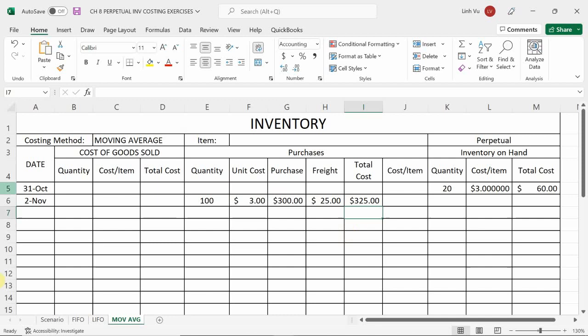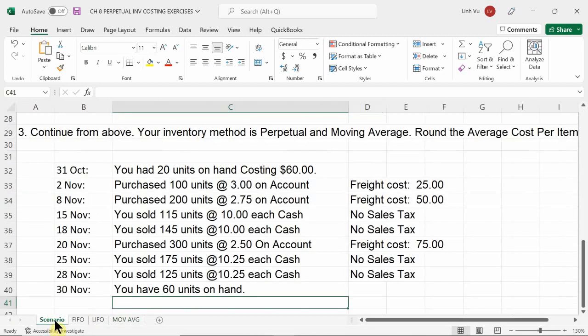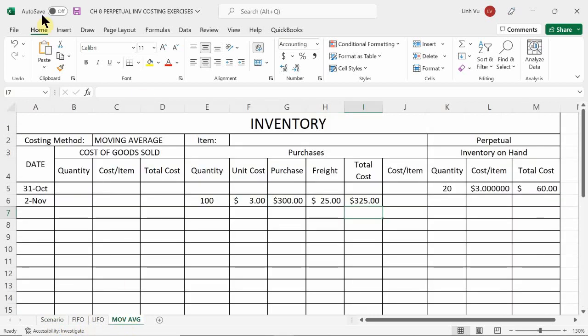Okay, and what do I do with my new batch of inventory if I'm using moving average? What do I need to constantly calculate? Your cost per item, your average cost. Average cost per item. So in this case, we need to know what my total quantity is.